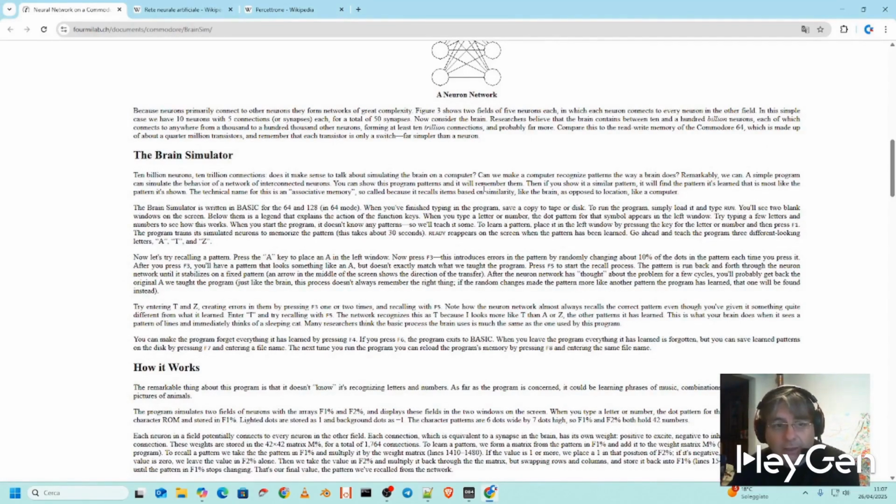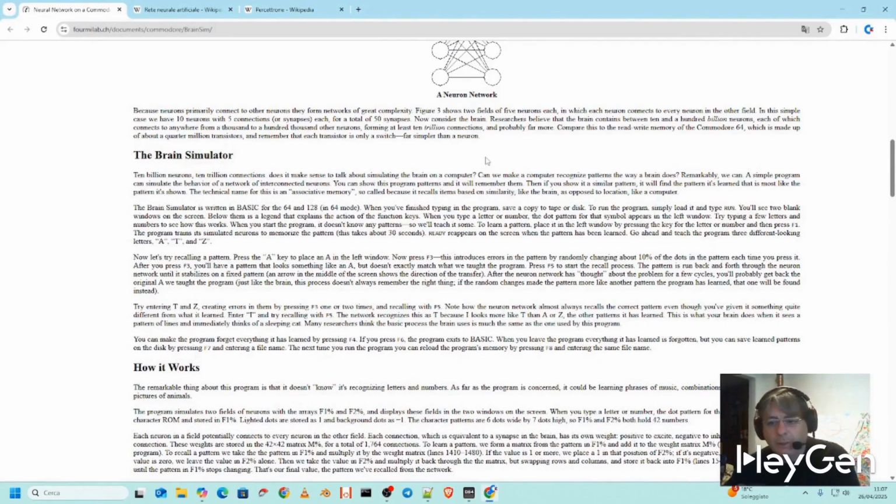Essentially, we can say that the remarkable thing about this program is that it doesn't only know how to recognize letters and numbers. As for the program, it could even learn sentences, musical phrases, combinations of medical symptoms or animal images, because essentially that is what the input is, that is what the internal neural network is, that is what the output is that we will take into consideration.